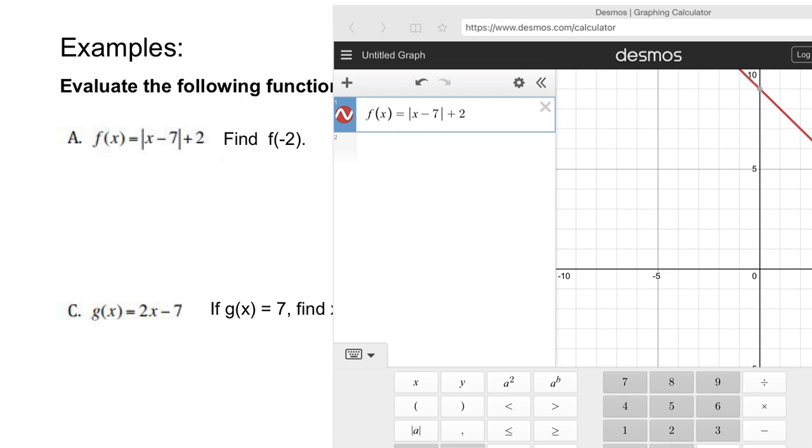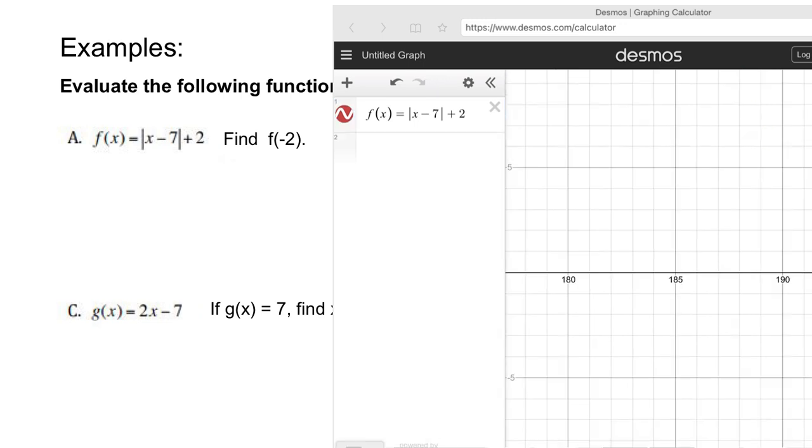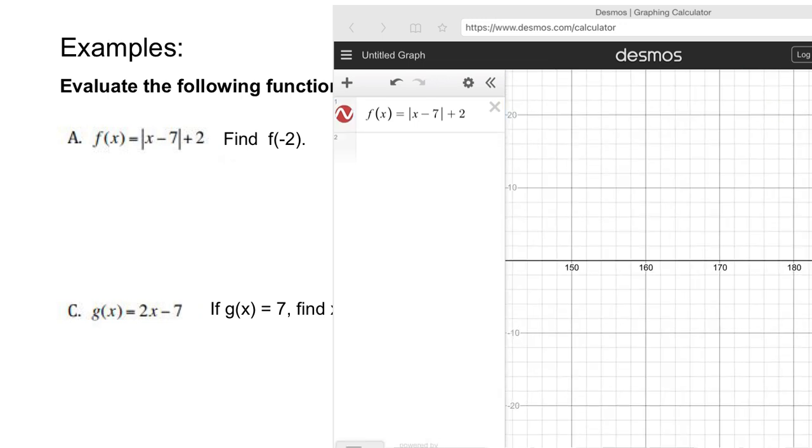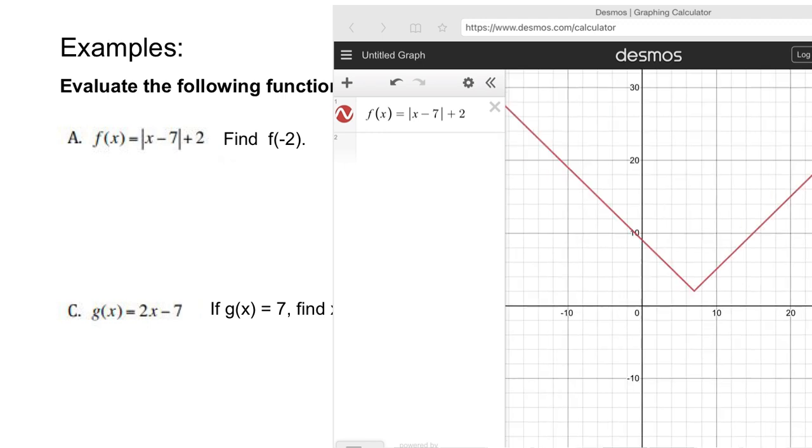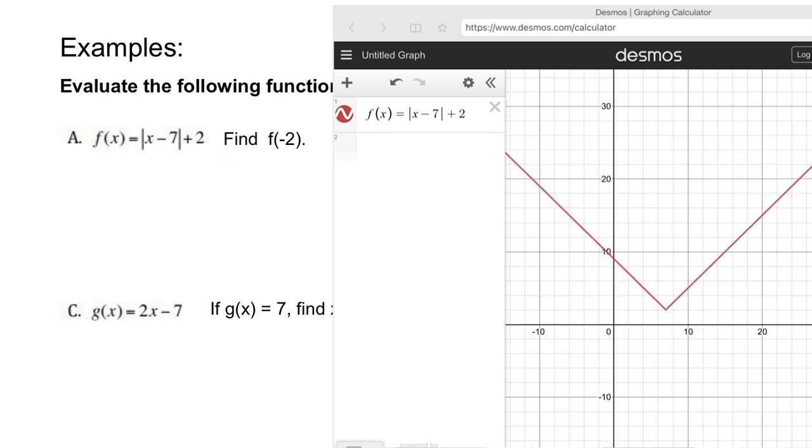Okay, there's my function. Now, if I want to find the value at negative 2, I just zoomed some kind of crazy. I could go and find on my function where it would be when the x is negative 2. Like I could just work from here and I could work my way up using some of those points. And I could find its value at 11 like that. That's absolutely a reasonable thing to do.